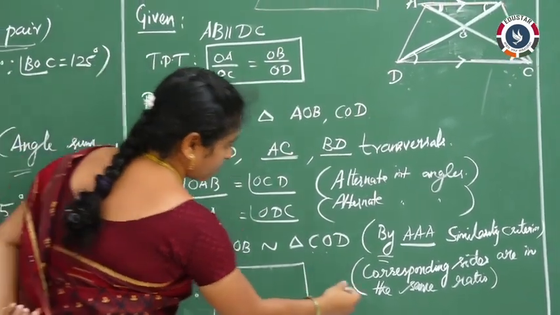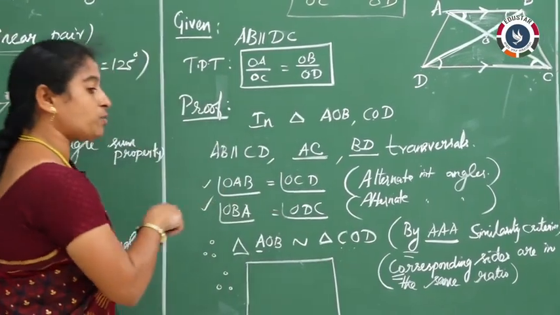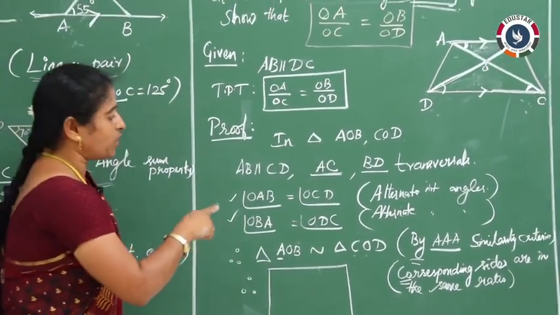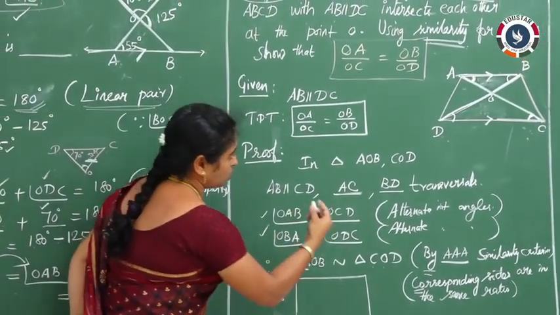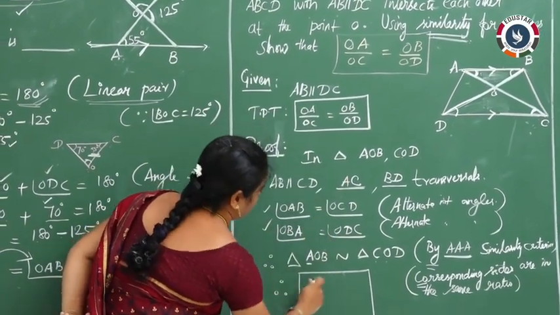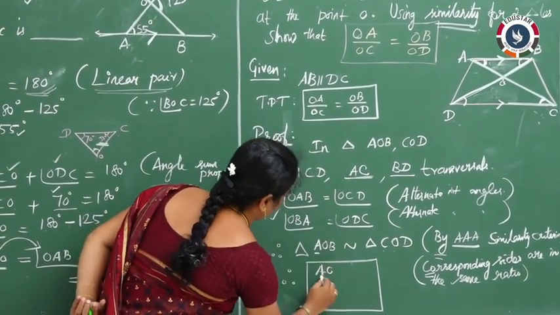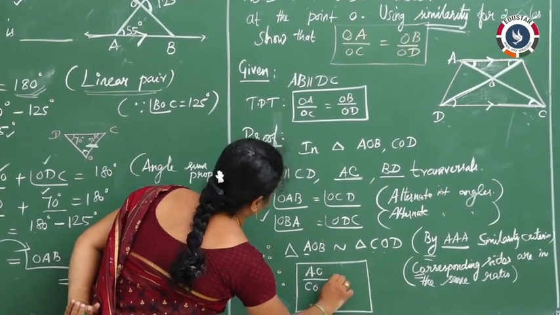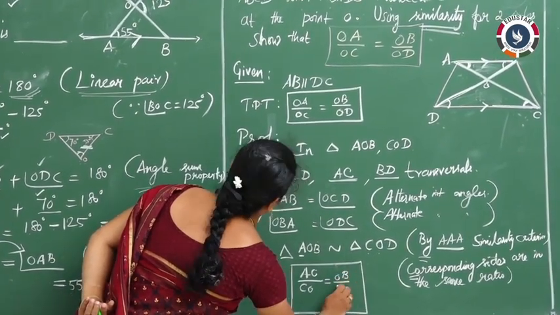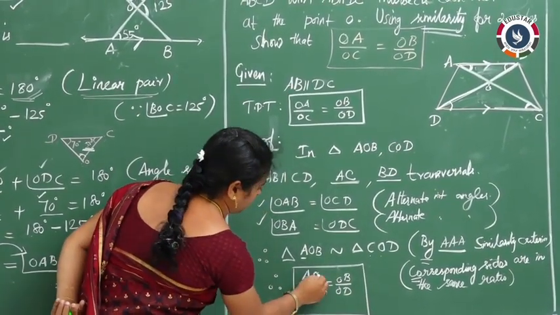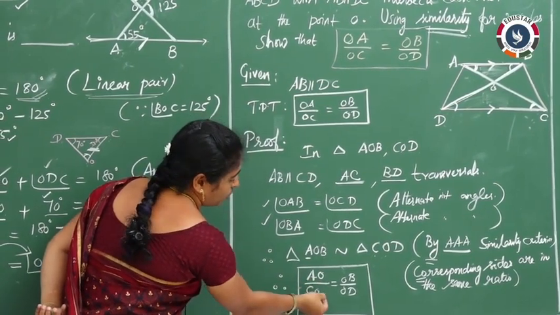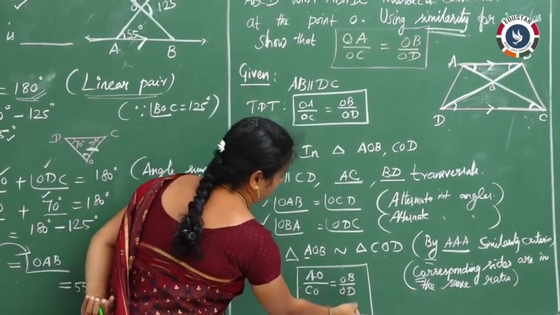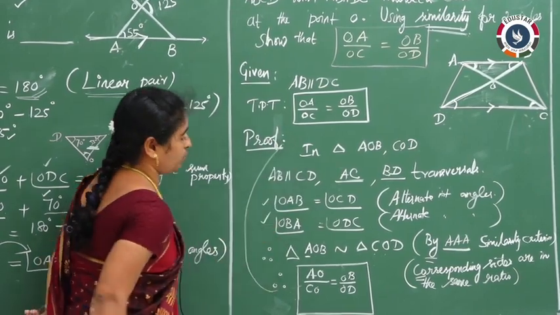Next, as per the 6.3 theorem, corresponding sides are in the same ratio. So AO by CO is equal to OB by OD, OA by OC equal to OB by OD. This is the thing we wanted to prove.